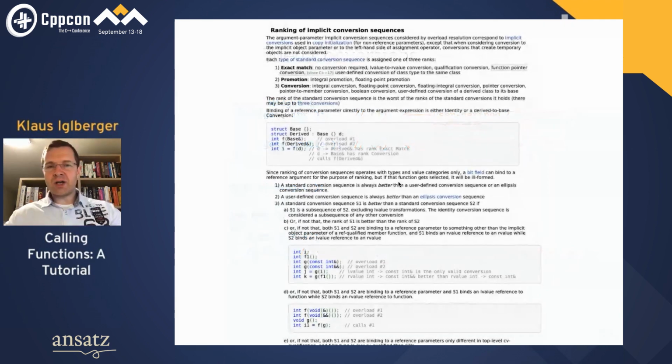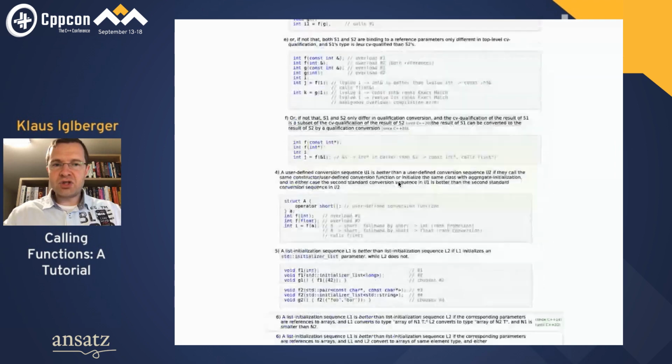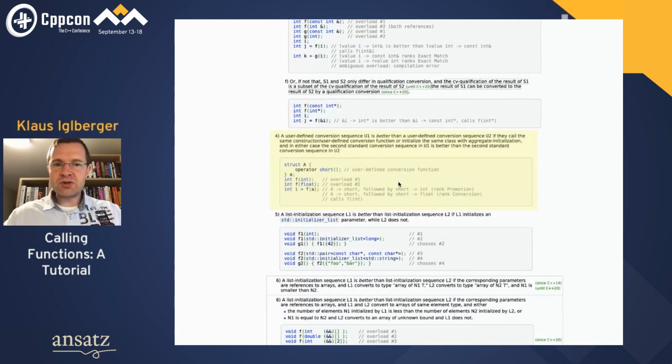There are the according descriptions again in CPP reference, or of course the standard itself. We just have to scroll down a little bit and go to item 4 here. A user-defined conversion sequence U1 is better than a user-defined conversion sequence U2 if they call the same constructor / user-defined conversion function or initialize the same class with aggregate initialization.